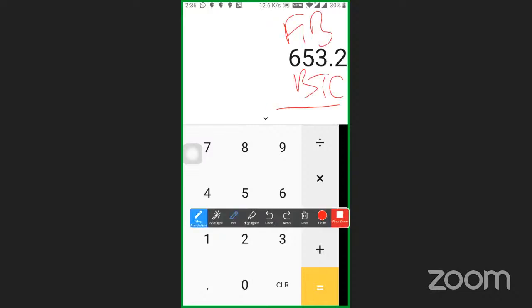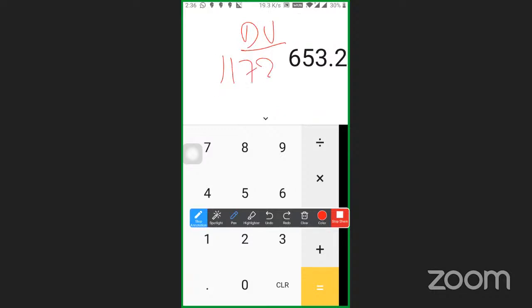So here we have 653. Initially, if we use the double up, we required 1173. If you remember, this was the USDT capital required. Now we are almost at 50%. We require just half of it, around 650 USDT.